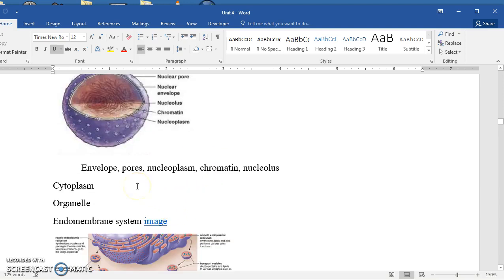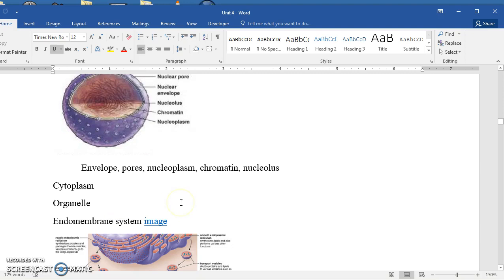Inside the cell and outside the nucleus, we have what's called the cytoplasm. And the cytoplasm is everything between the plasma membrane and the nucleus. It does not include the nucleus. Suspended or floating around in that cytoplasm would be organelles, membrane-bound compartments that have specialized functions.